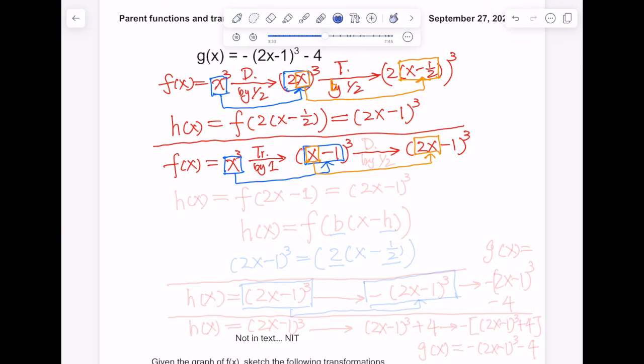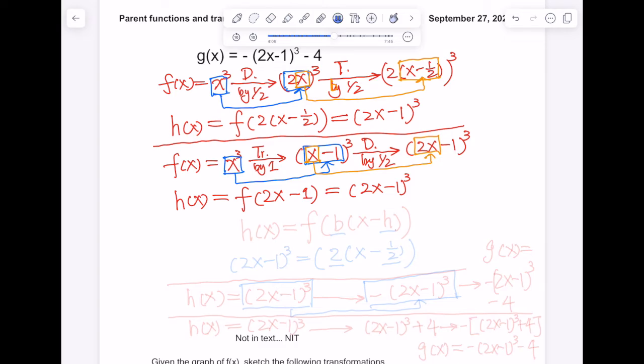And this is a horizontal dilation by half. Now you can see that we arrived at the same intermediate function h of x by first doing horizontal translation of the parent function, then followed by dilation of the function. You arrived at the same result as before for this h of x.